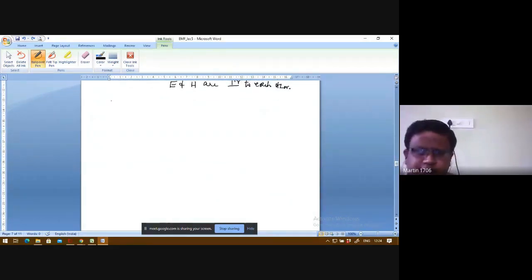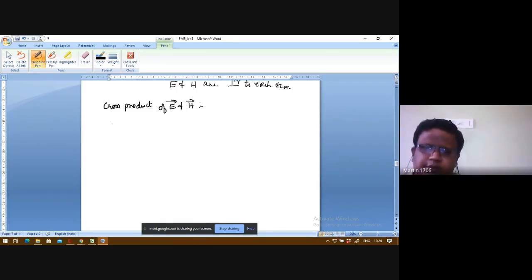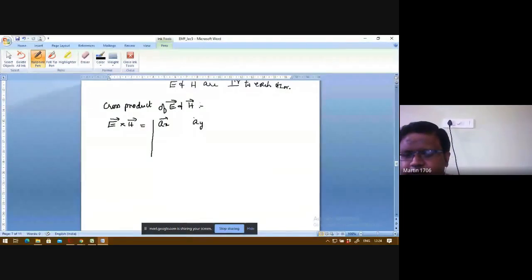Cross product of E and H. So what we will do, we will take the cross product. We know the vector notation of E and H. So in the first row we put the unit vectors Ax, Ay, Az.